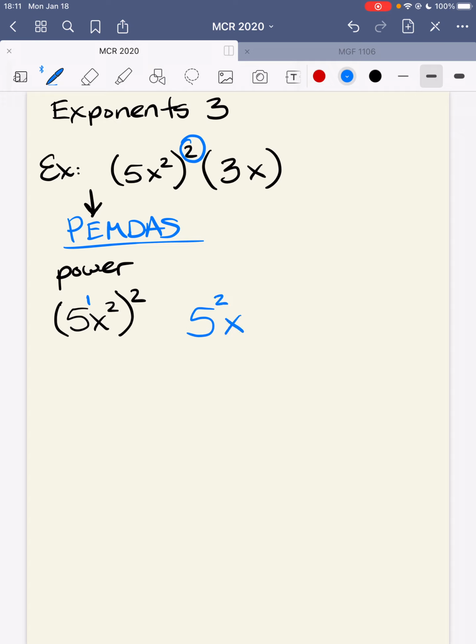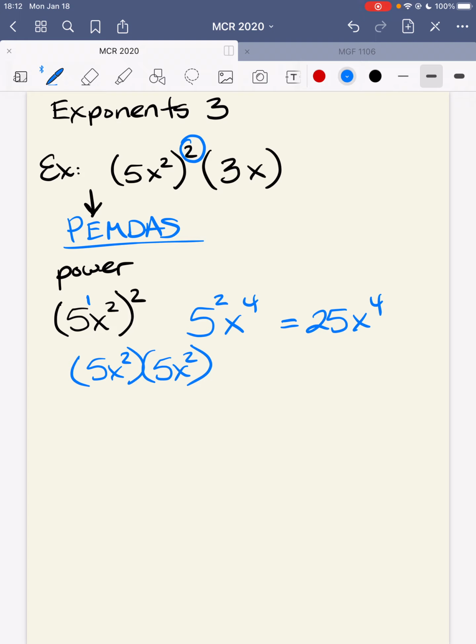And x squared to the second power, so we multiply our exponents, which gives us x to the 4. Then we finish off with our number, because 5 squared we can do, so we have 25x to the 4. Remember, you can also do this by writing it out twice, because that's what that outside exponent tells you to do, and you would still get the same thing.